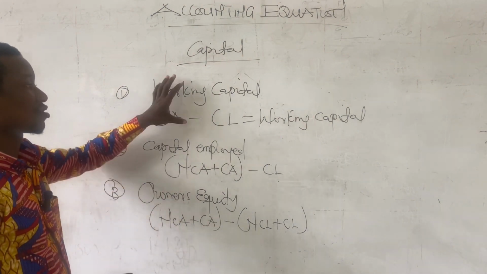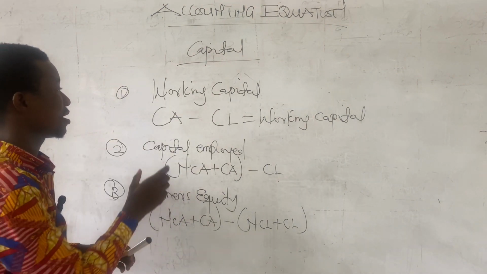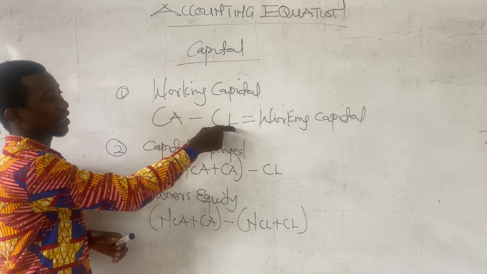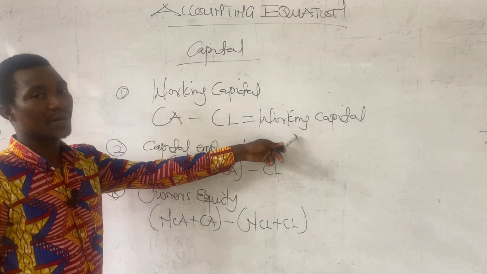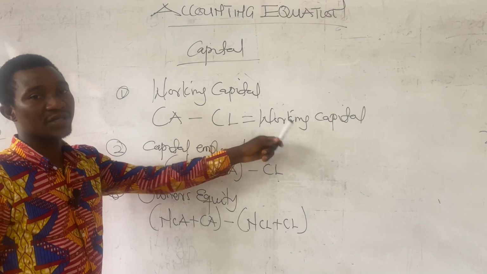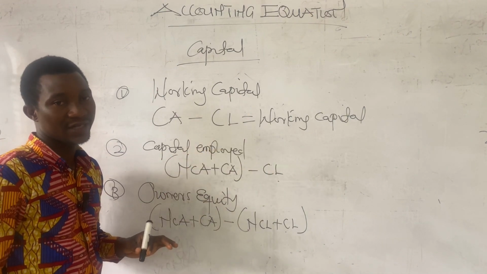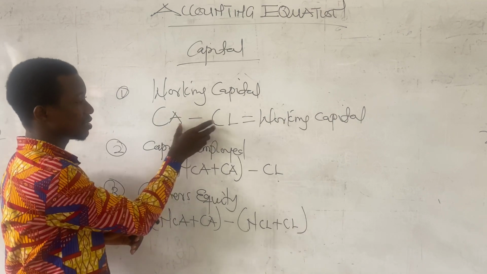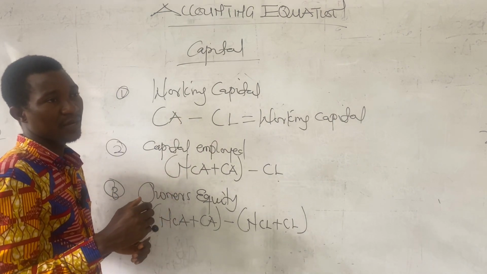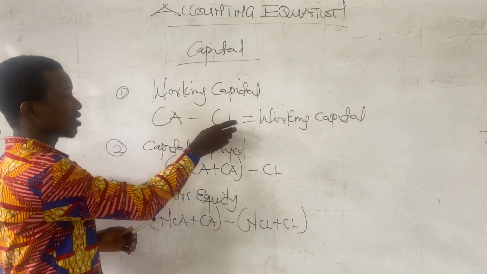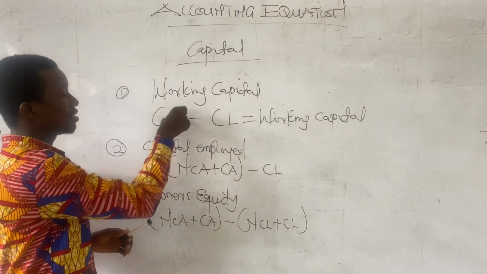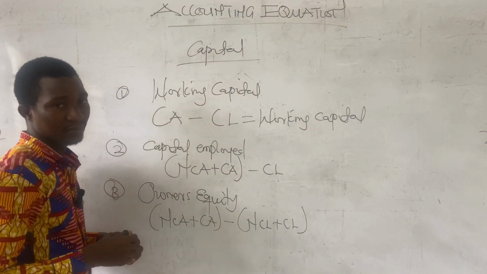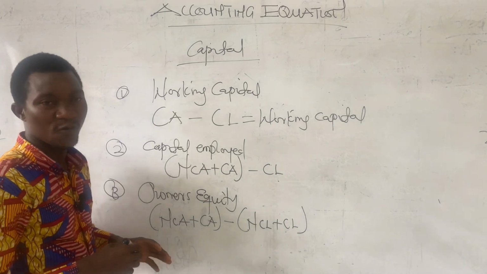But let me still come back to the working capital. We are saying that the excess of the current assets over the current liabilities is working capital. That is the amount of money the business uses to run the day-to-day activities of the business. But this means the answer will always be positive. In other words, when the current liability exceeds the current assets, then we have something we call overtrading.